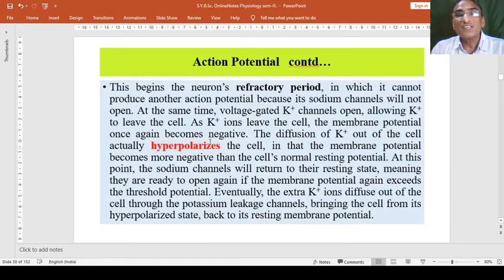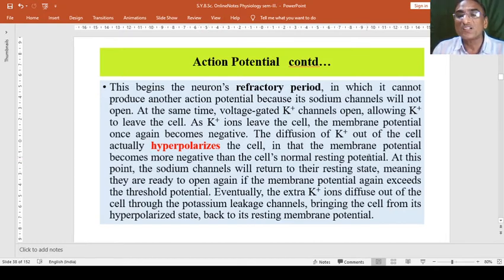Means in between depolarization, reset and repolarization, this is one pause, we can call it a hyperpolarization of the cell, and in that the membrane potential becomes more negative. Here we have seen it going from positive to negative, and therefore hyperpolarization drops down and becomes negative.